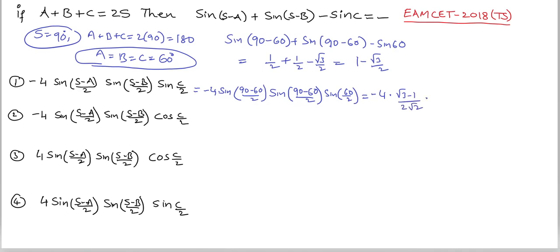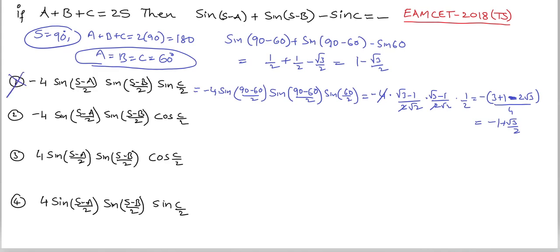Into sine 15, that is root 3 minus 1 by 2 root 2, into sine 60 by 2, sine 30, 1 by 2. Here 2 cancel. That is minus of (root 3 minus 1) whole square, that is 3 plus 1 minus 2 root 3 by root 2 into root 2 2, 2 into 2 is 4. That is equal to minus 4 by 4, that is minus 1 plus 2 root 3 by 4, that is root 3 by 2. So this is not equal to this value. So the first option is wrong.